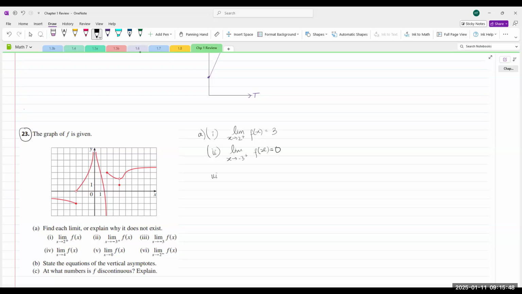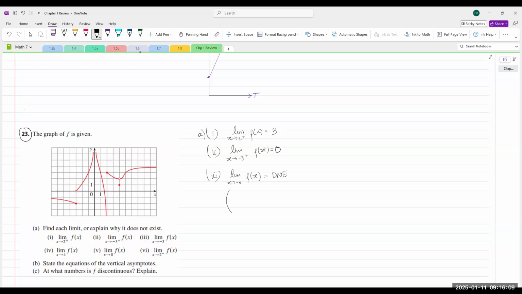The third one, the limit as x approaches -3 of f(x), means the two-sided limit. The limit from the right is 0, the limit from the left is -2. Because they are not the same, it does not exist.